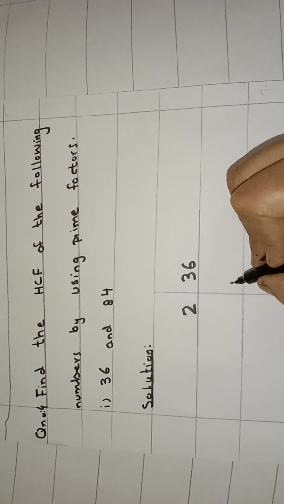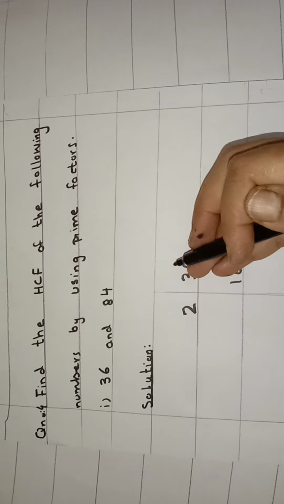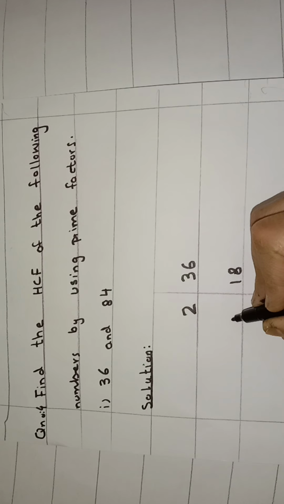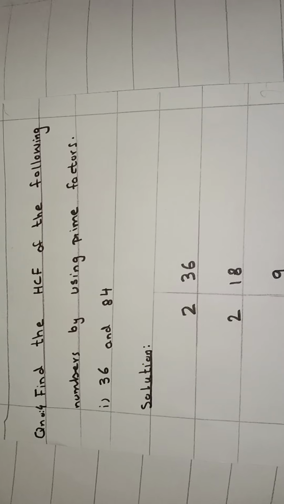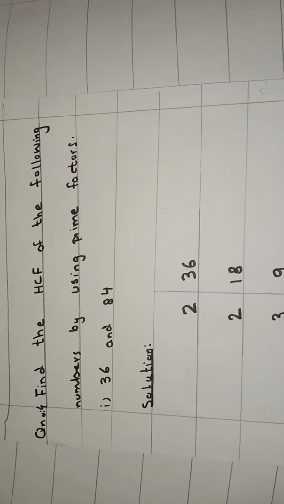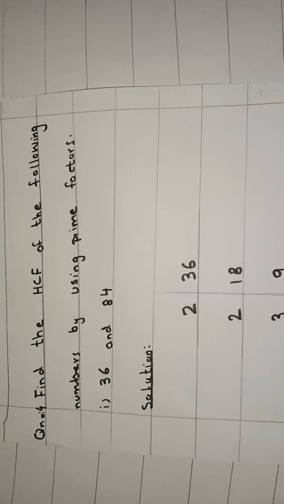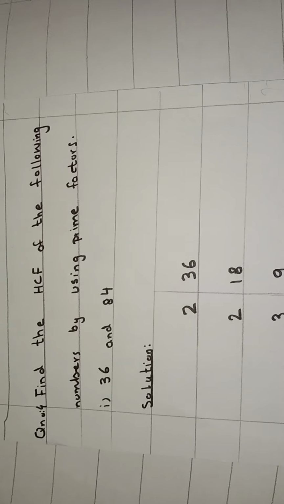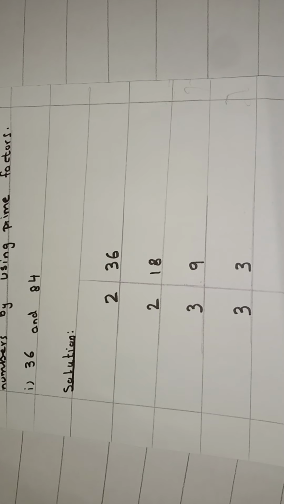2 ones are 2, 2 eights are 16, so 2 eighteens are 36. You can do division as well. 2 nines are 18. Then 3 threes are 9. 3 ones are 3. So the factors of 36 are 2, 2, 3, 3.